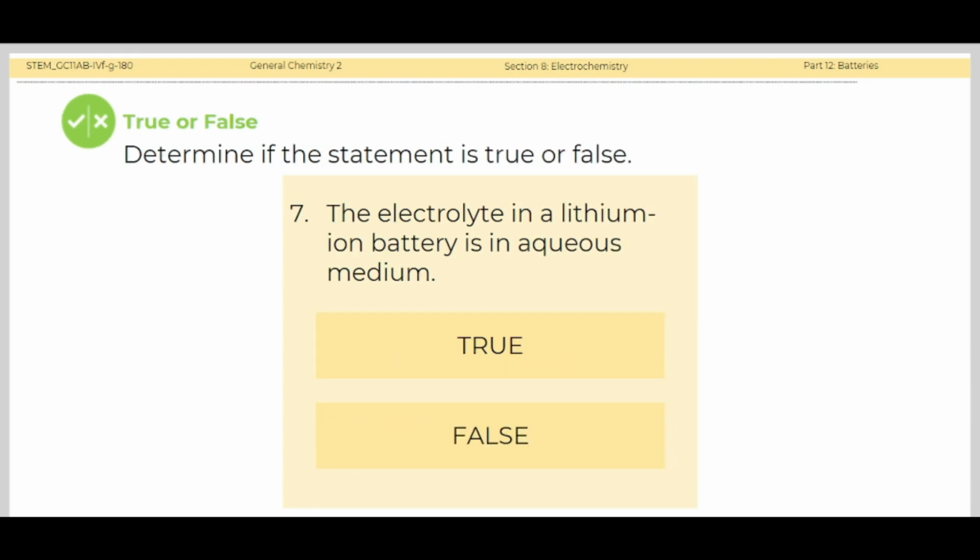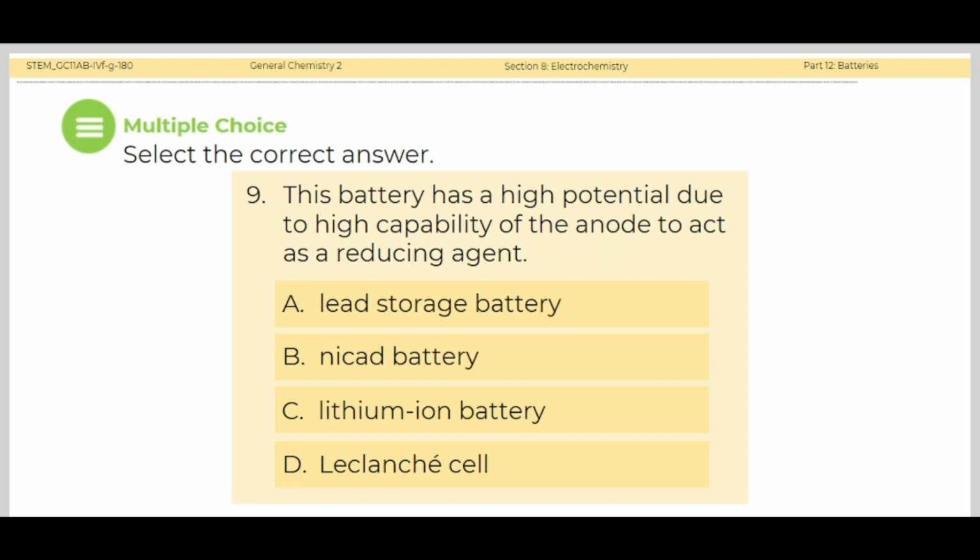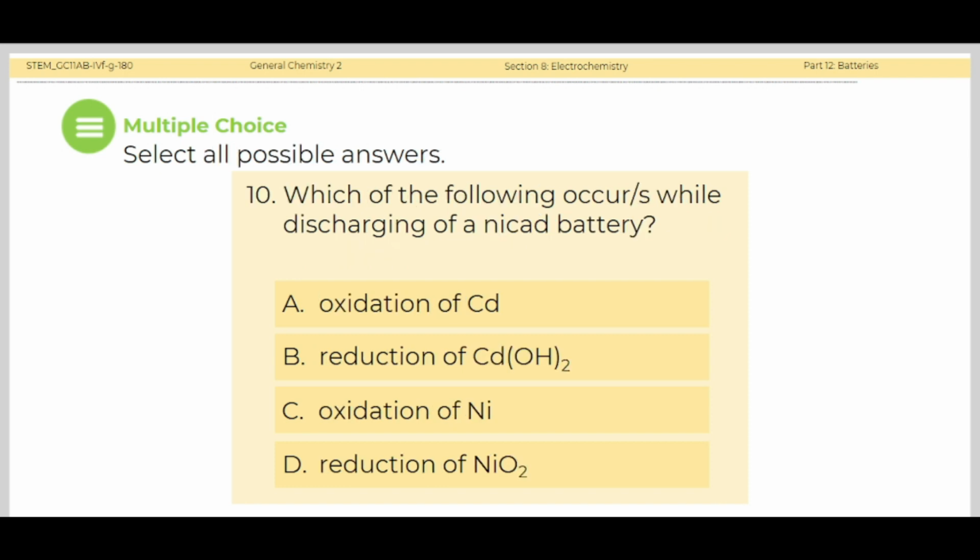Number 7. Number 8. Number 9. And lastly, number 10.